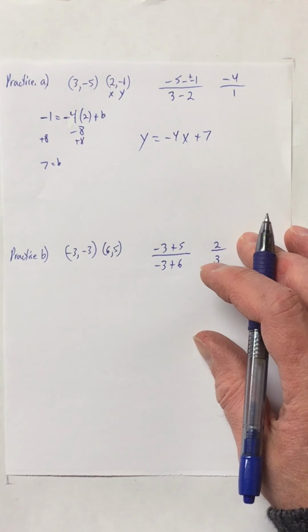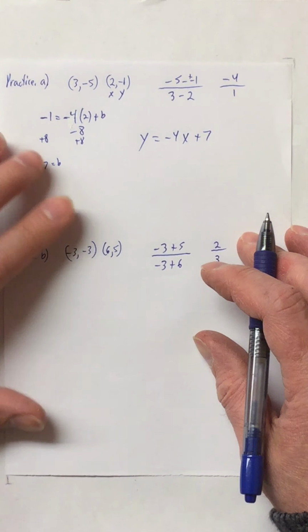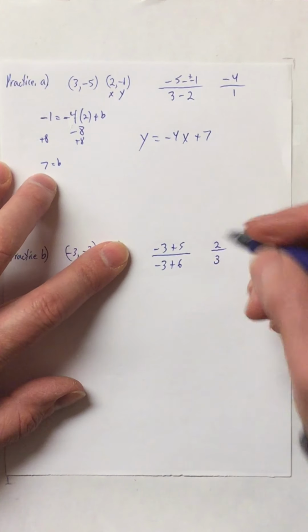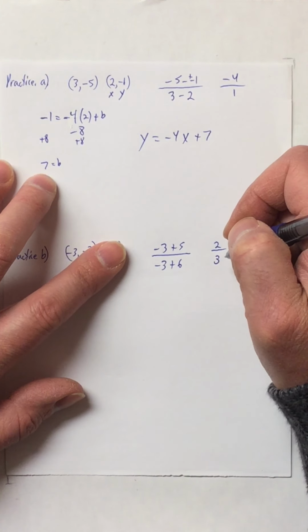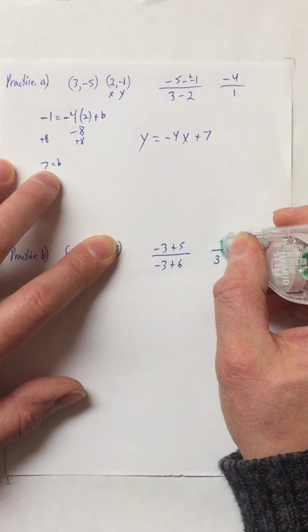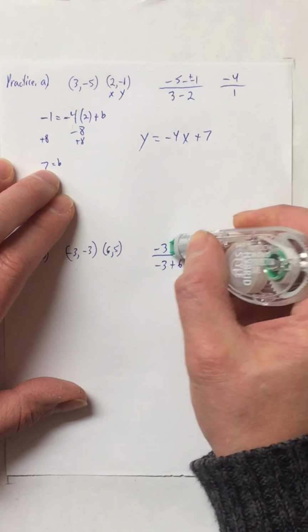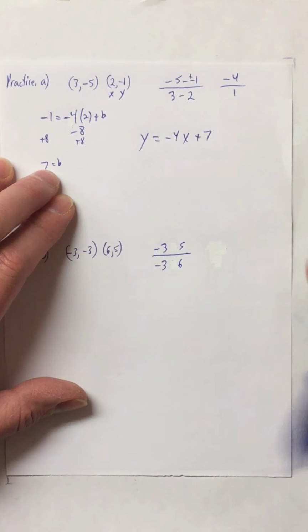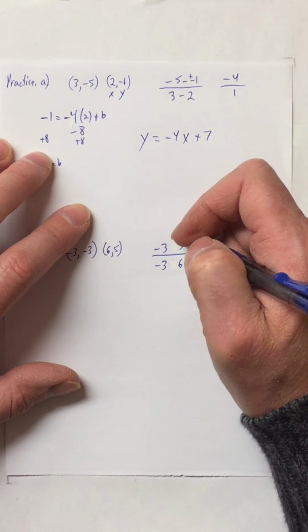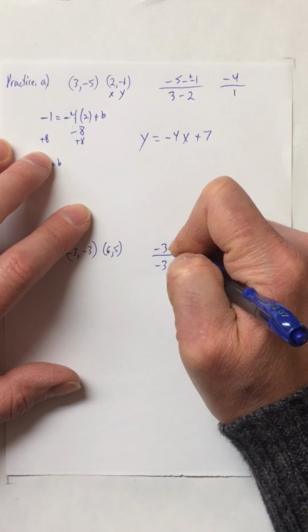Let's see if I wrote that down right. Negative 3, 6, and 5. Oh, I did it wrong. Glad I caught that. The slope formula is to subtract, not add. Let's try that again.